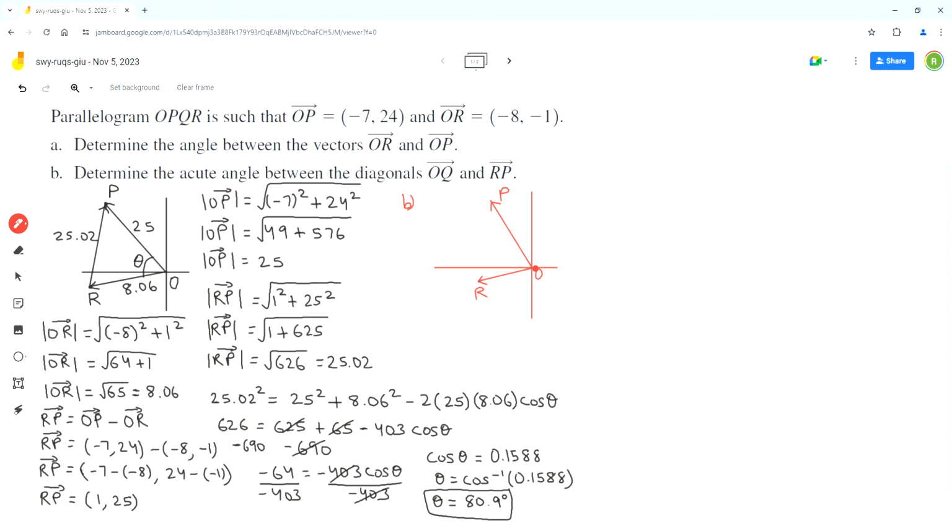Now since OPQR is a parallelogram, in a parallelogram, opposite sides have equal length and are parallel to each other. So point Q will be somewhere here. We do not know the exact coordinates of this point, but we are just showing point Q so that we can draw the diagonals in this parallelogram.